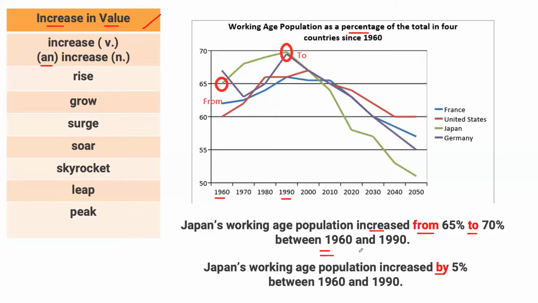So these are basically 2 ways to say the same thing. One, however, would just showcase your knowledge of the prepositions from and to, and the other would showcase your knowledge about by. Just remember the rule here. If you've got from and to, you have 2 numbers, and by is using the amount of change between the 2 points, which in this case is 5%.